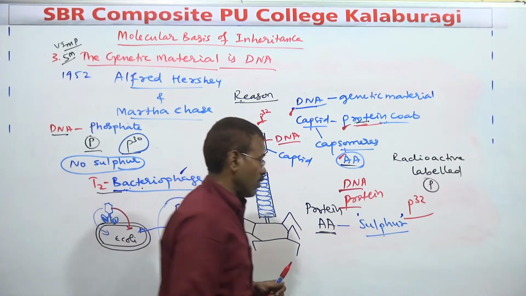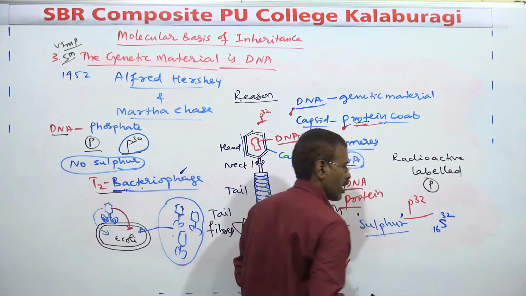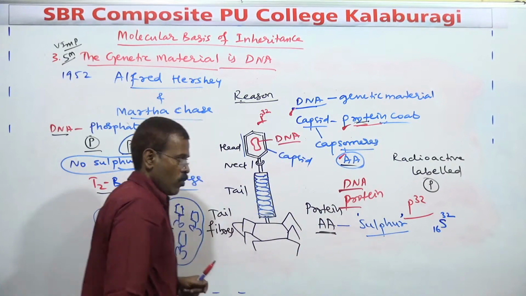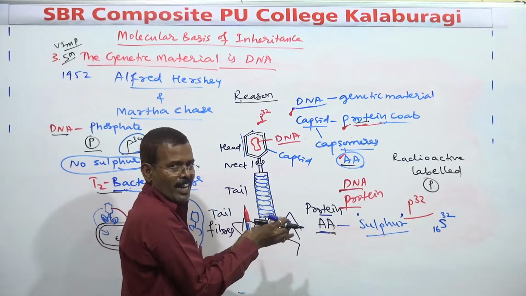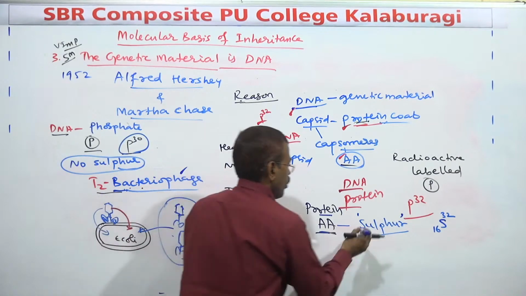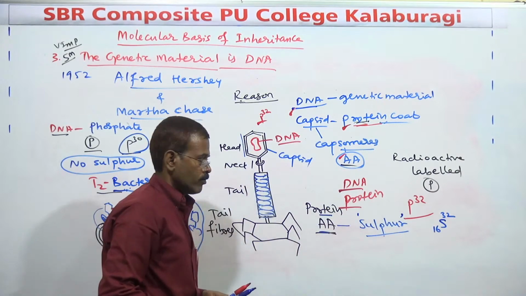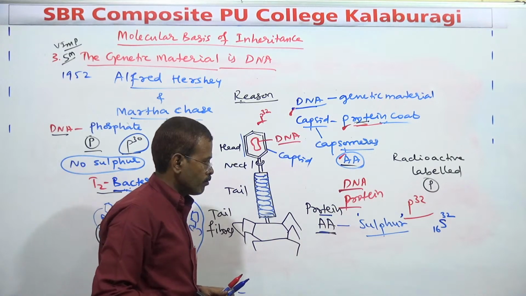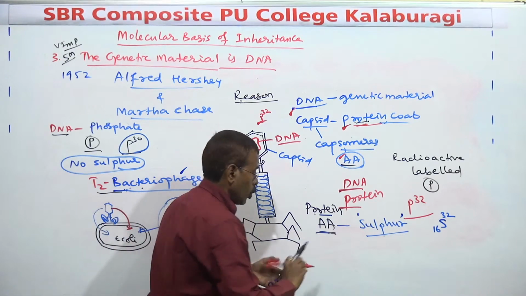The normal sulfur, atomic number 16, atomic weight 32. So the entire structure has normal sulfur.